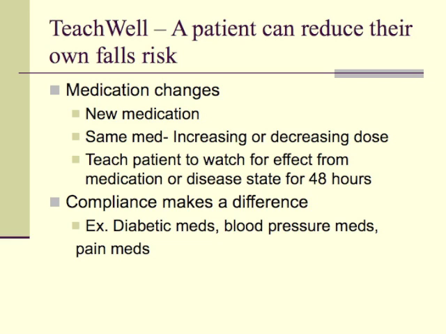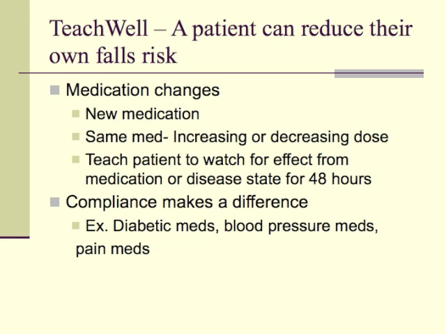And with this, compliance makes a big difference. When I'm talking about that, it is mainly with your diabetic meds, blood pressure meds, and pain meds. With a diabetic med, say they've been compliant on one dose, and they then either start taking more of the medication, so then it could cause more hypoglycemia, or they don't take the medication, so they have hyperglycemia, so their blood sugars rise and it can change the effect they're having.